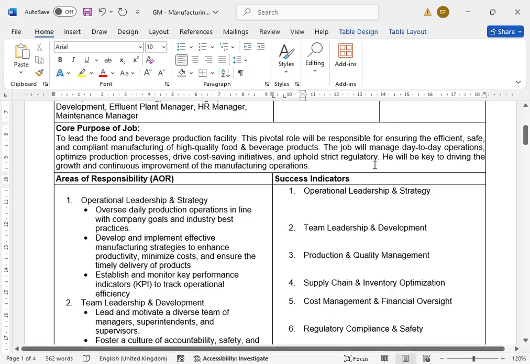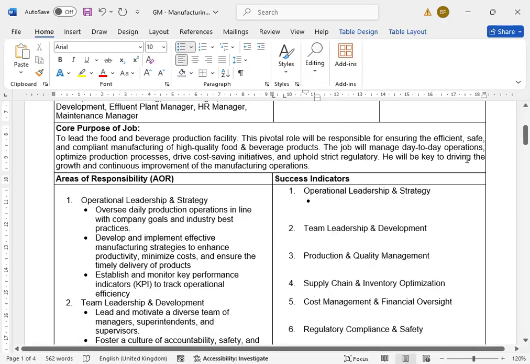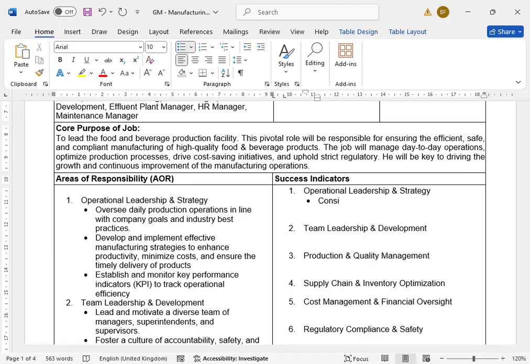For this one, I'm going to need a bullet again, but I have to adjust this and this one too. Okay. So what would be the first one? First one would be success indicator, operational leadership and strategy. What will happen?